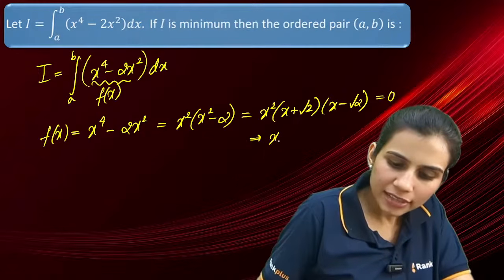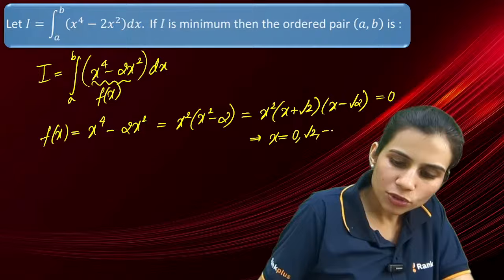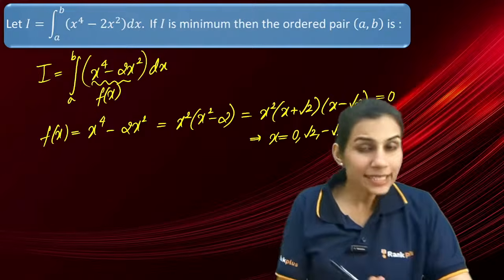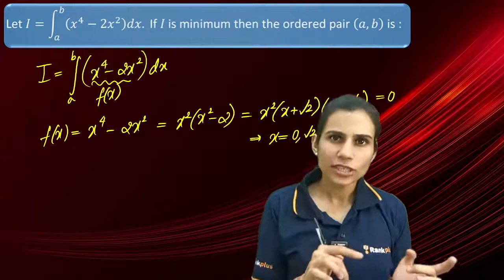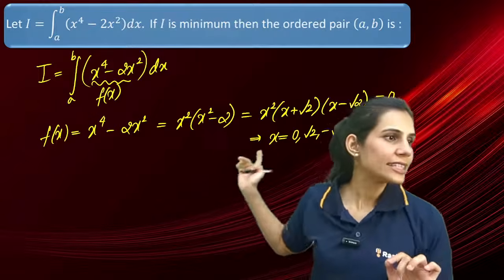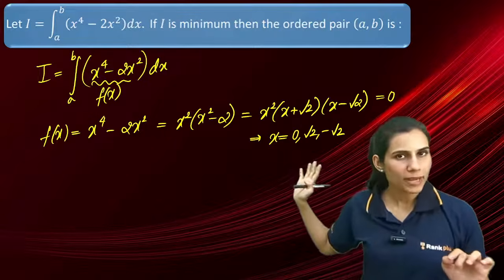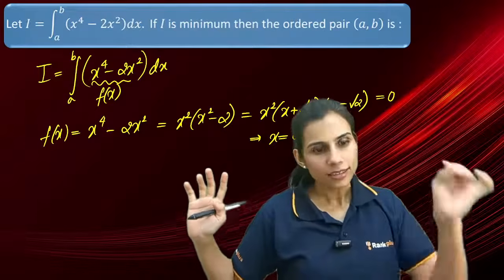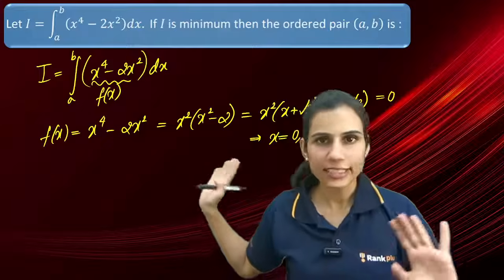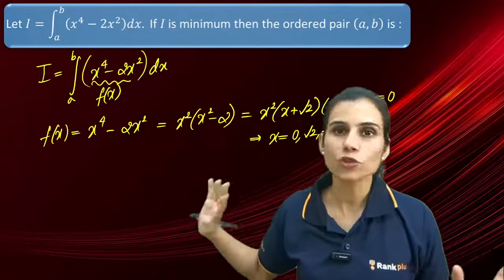This gives you x as 0, root 2, minus root 2. That means the graph of f is cutting, touching or intersecting the x-axis at these 3 points: 0, root 2 and minus root 2, no other points. These are the zeros of f.